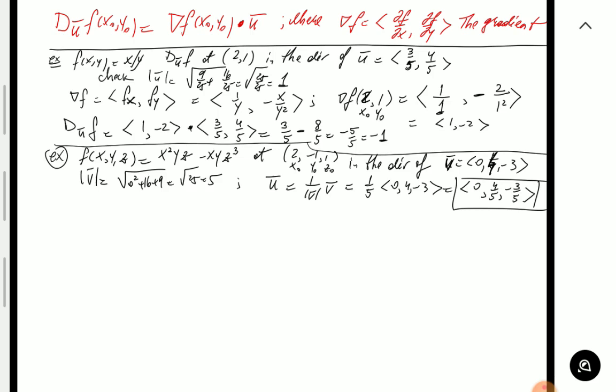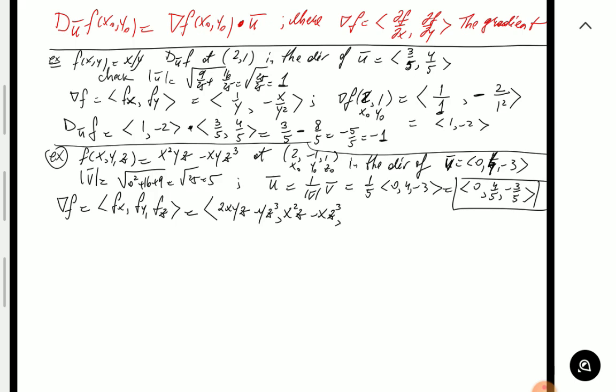And now let's compute the gradient, which is the vector given by partial x, partial y, partial z. Partial x is 2xyz minus yz cubed. Partial y is x squared z minus xz cubed.